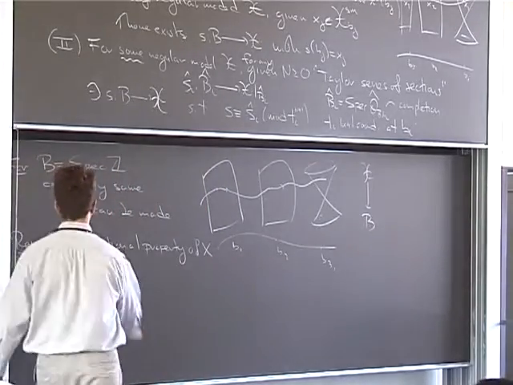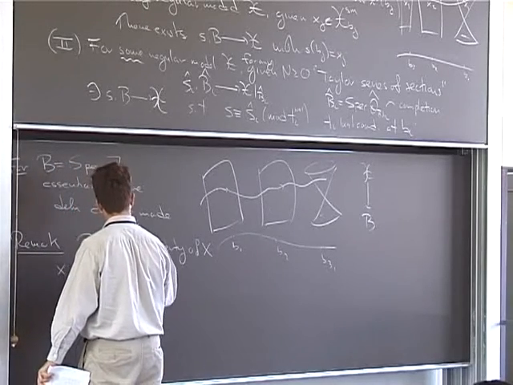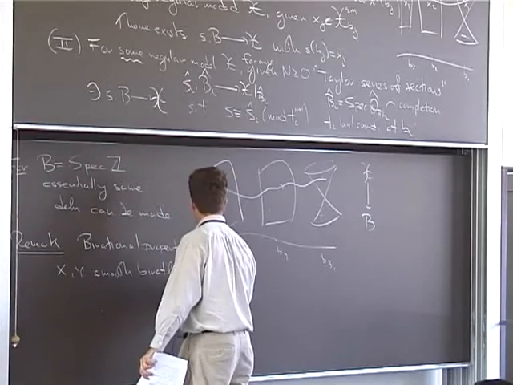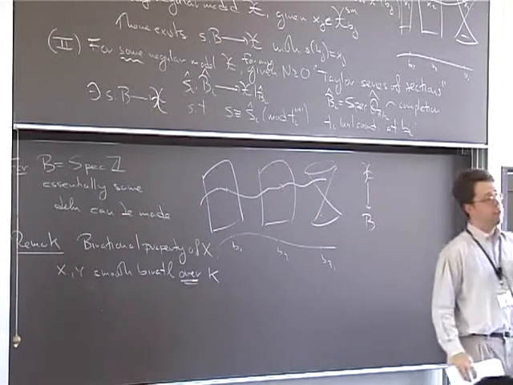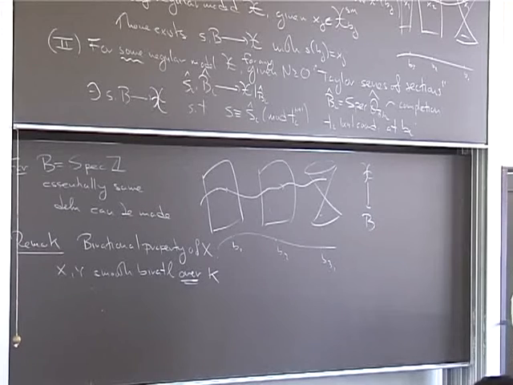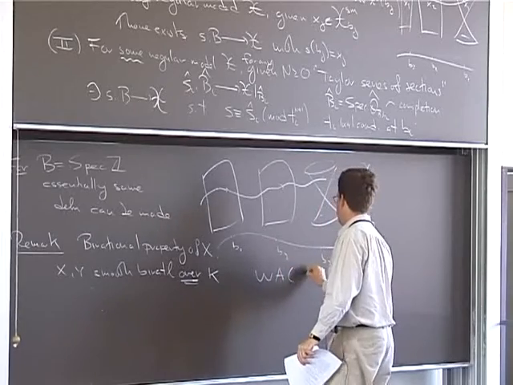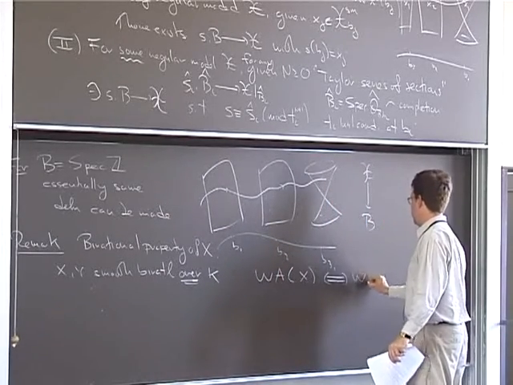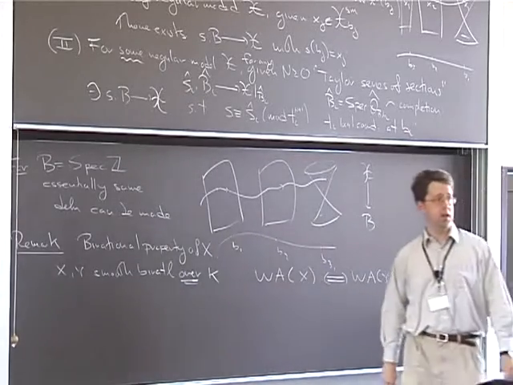So if x and y are smooth and birational over k, that is that I can find a birational map from x to y, which is defined over the ground field, weak approximation holds for x if and only if weak approximation holds for y.